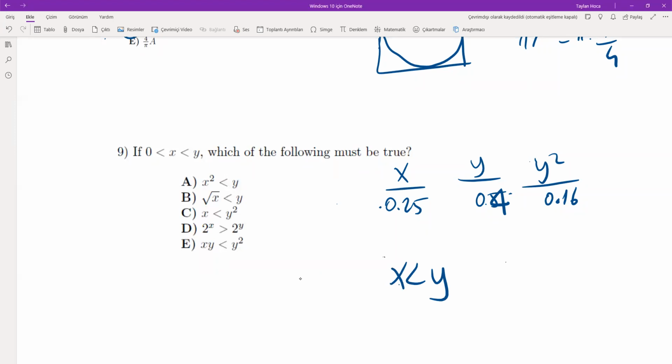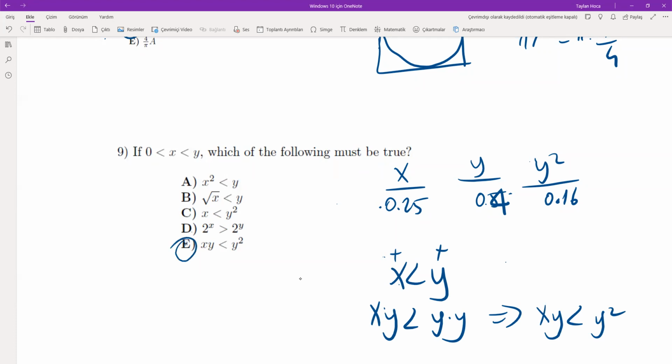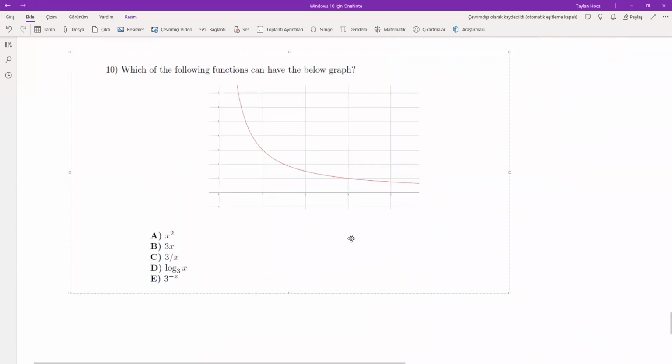I know they are both positive. If they are both positive, I can multiply that by a positive number. Hence, xy is less than y squared, which is E. Okay? Do you understand? I think you understand when I mentioned between 0 and 1, right? Yeah, I wasn't thinking of that exception. Yeah, there are those exceptions. Sometimes they use those in the questions.